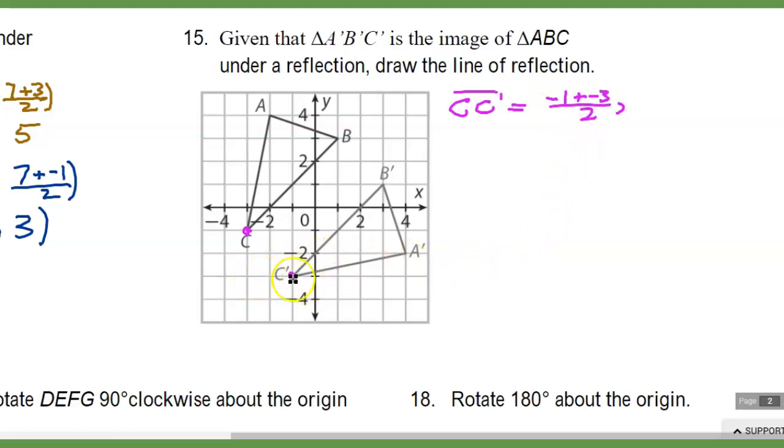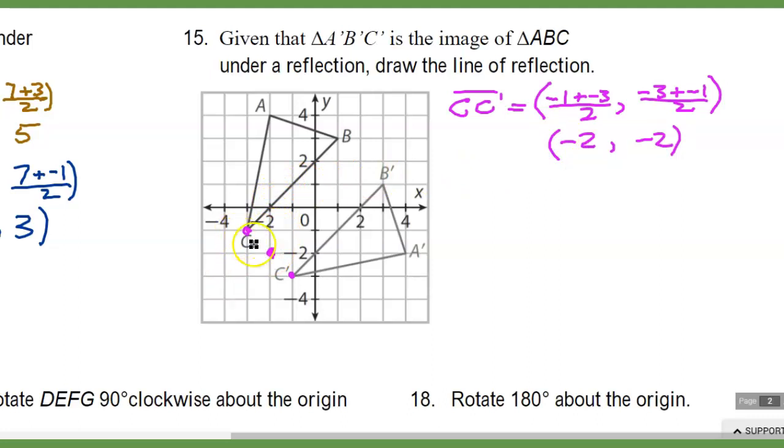The y coordinates are negative 3 and negative 1. So actually the same. Negative 3, negative 1 divided by 2. So we have negative 4 divided by 2 is negative 2. Negative 4 divided by 2 is negative 2. Our first midpoint is negative 2, negative 2.